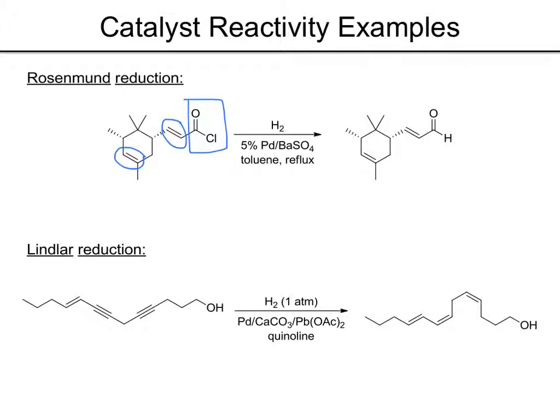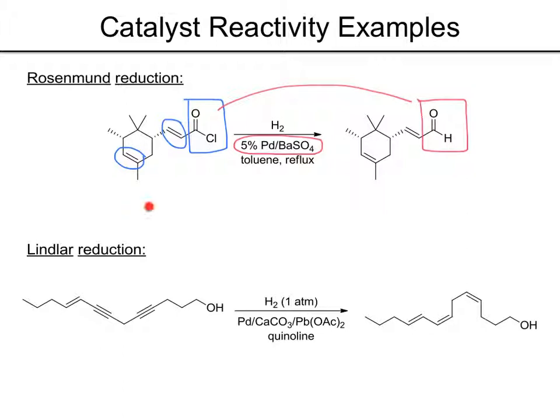When we treat it with hydrogen, 5% palladium on barium sulfate, which is our Rosenmund catalyst, and we reflux this reaction in toluene, we get selective reduction of the acid chloride to the aldehyde. There is no reduction of either alkene, and there is no further reduction of the aldehyde to the alcohol.